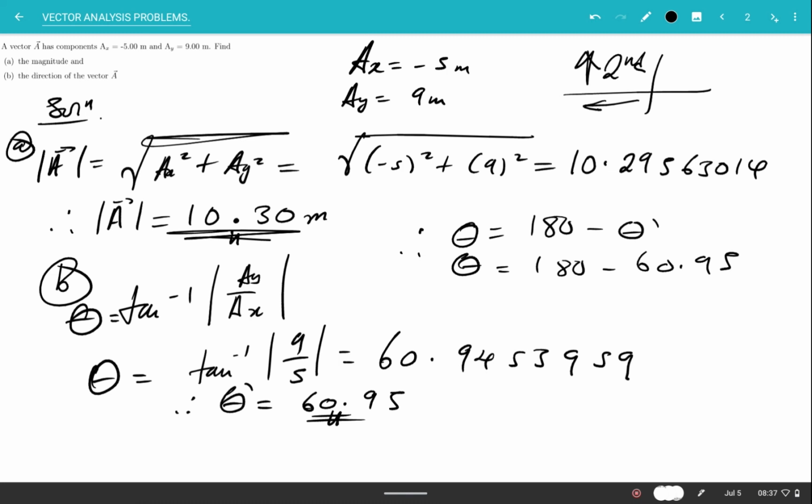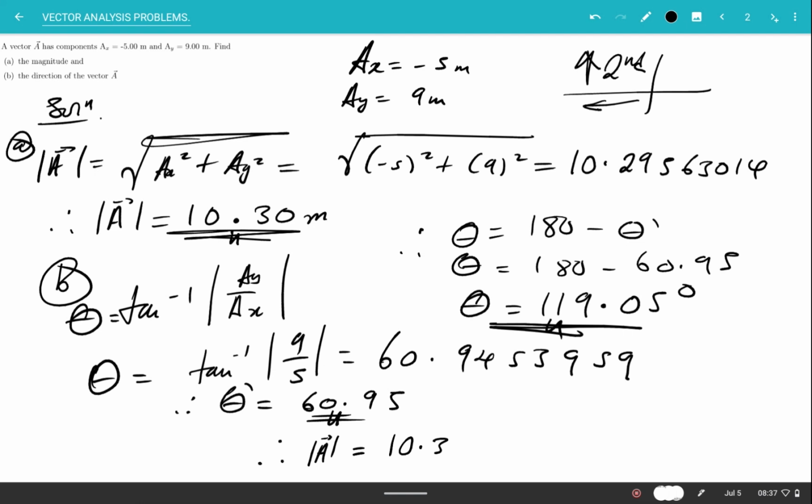So you have 180 minus 60.95, and you basically get theta to be equal to 119.05 degrees, and this is the direction. So you can say that vector A has the magnitude of 10.30 meters at an angle of 119.05 degrees.